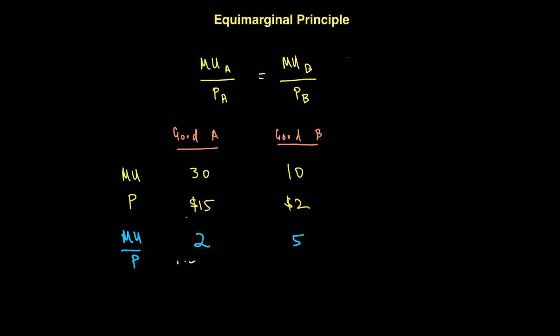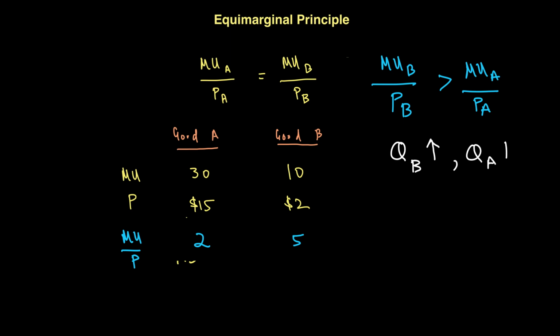So clearly I can say that MUB over price of B is greater than MUA over price of A, as per dollar I get more from good B than from good A. Now, in this scenario, when good B is clearly giving you higher utility per dollar spent, then the person would buy more of good B and less of good A. So we should increase the quantity of B from our budget and decrease the quantity of A.